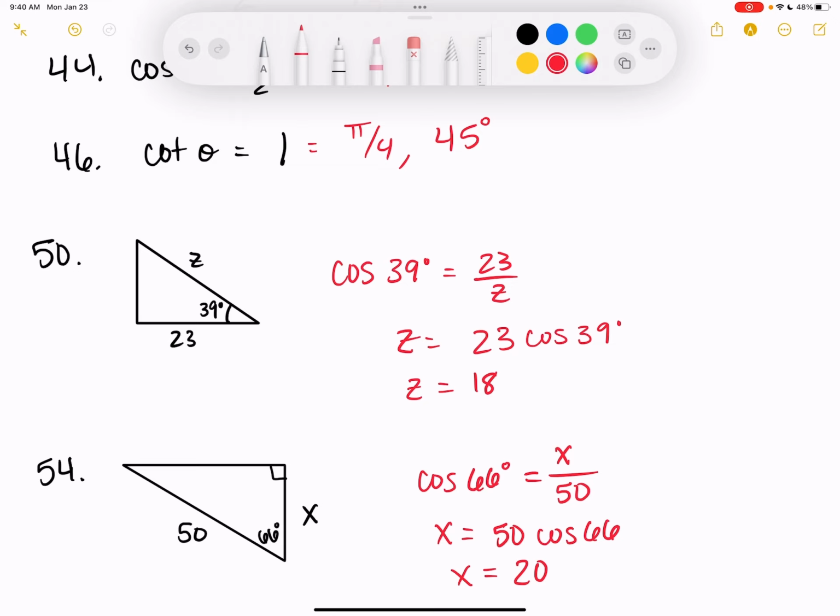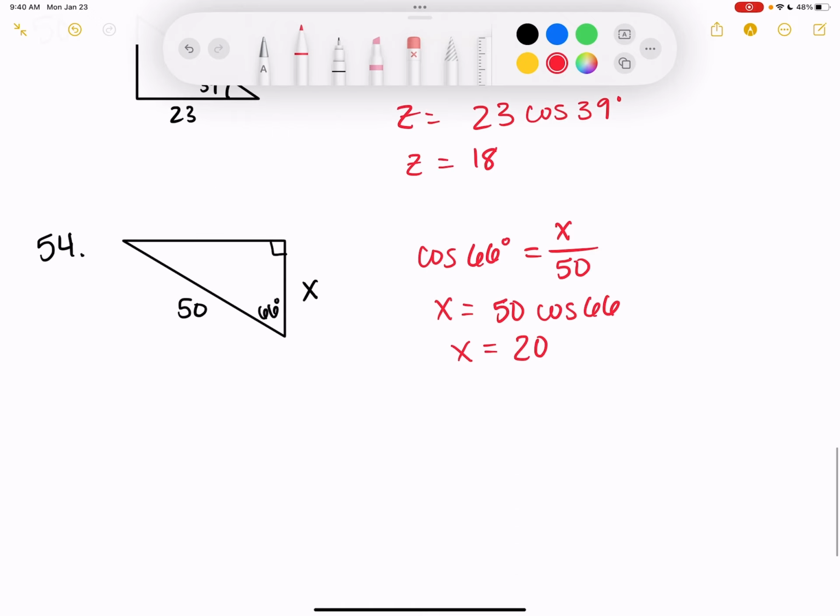All right, so then the last problems here, which if you need me to do more than one of them, I can. It's going to basically look like that problem that you see on the board over there from Algebra 2. We're solving for all the sides and all the angles. So they go ahead and tell you, we're going to do 56. They tell you that the triangle looks like this.